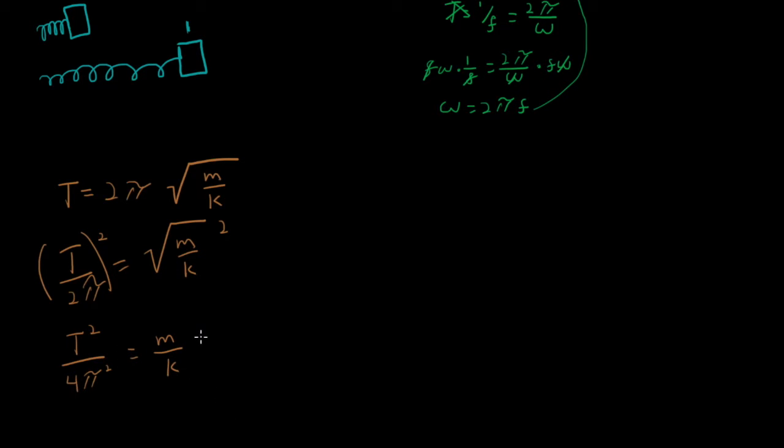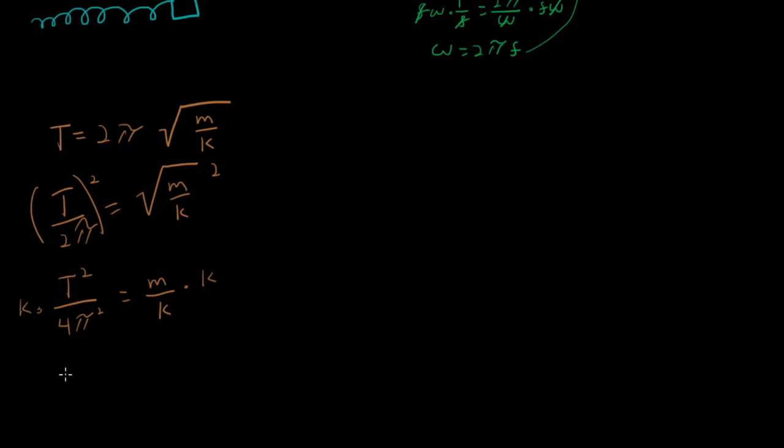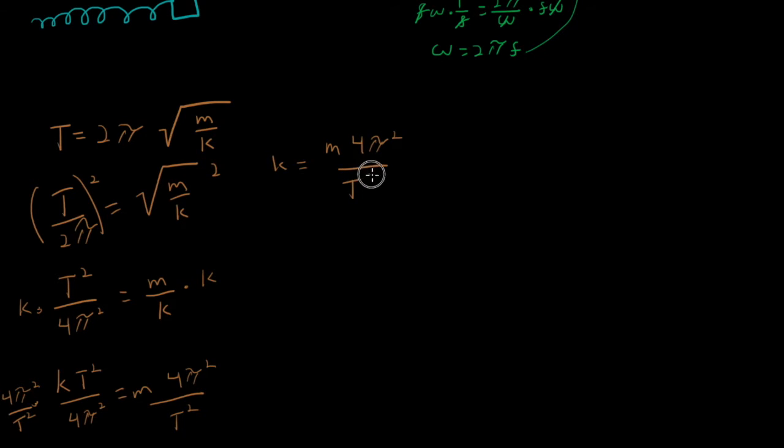And now I want to get k by itself, so I'm going to multiply both sides by k. And then I need to get k alone, so I'm going to multiply both sides by 4 pi squared over T squared. Okay, and then my k will be equal to my mass times 4 pi squared over my period squared.